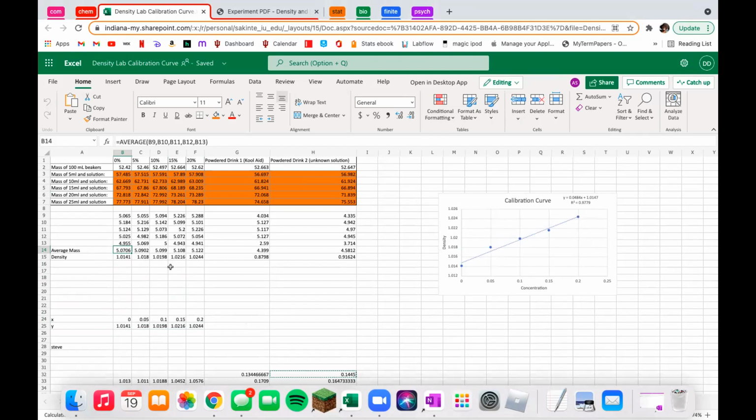Let's check something. Okay. I think a lot of it could just be a sig fig problem.